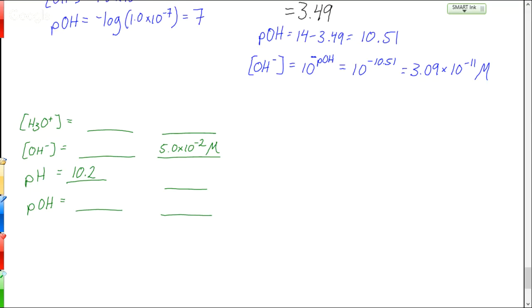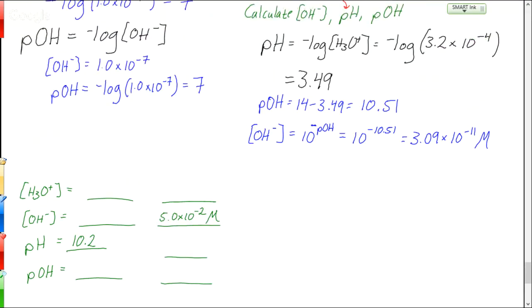So using those same techniques, calculate the rest.